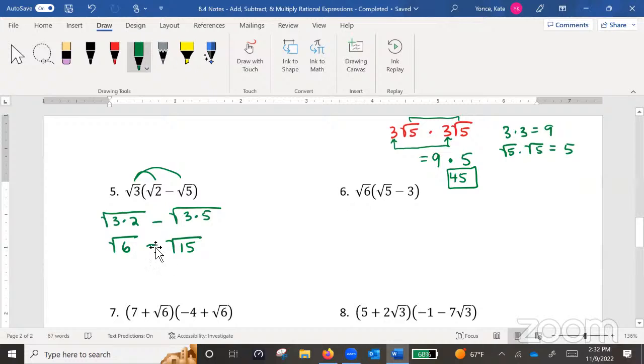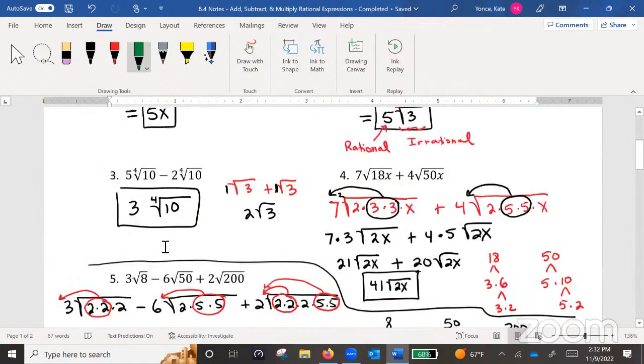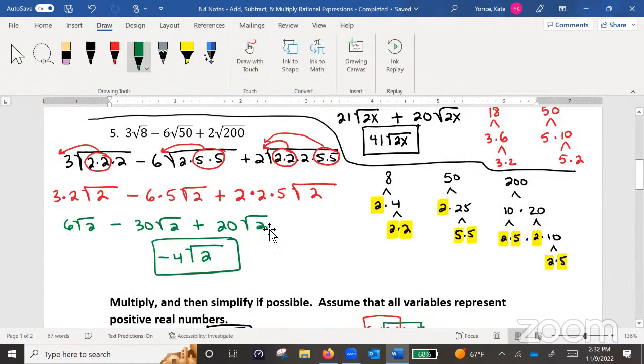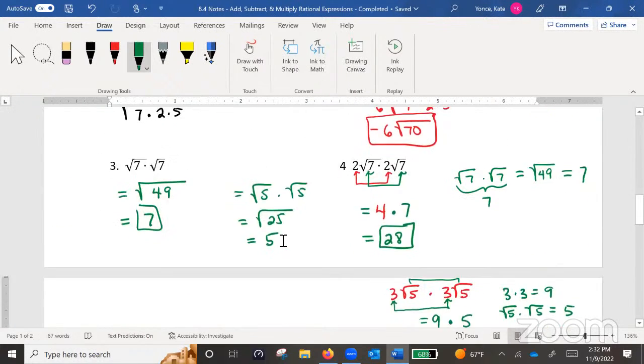And what's the rule for adding and subtracting? Yeah, they have to be like terms, right? Remember up here at the top? That's why we did this, right? To make them like terms so we could add them. And up here, like when we added these and they were like terms, but if they're not like terms, then we can't add them.